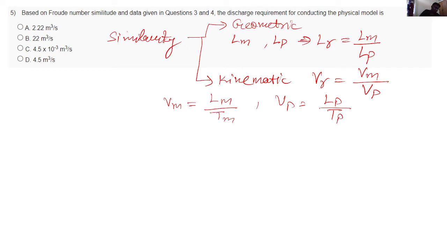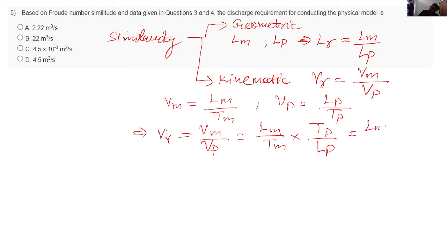So Vr is nothing but Vm by Vp, equal to Lm by Tm times Tp by Lp, equal to Lm by Lp times Tp by Tm.